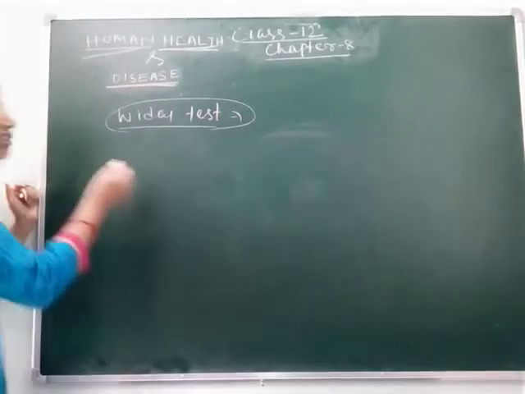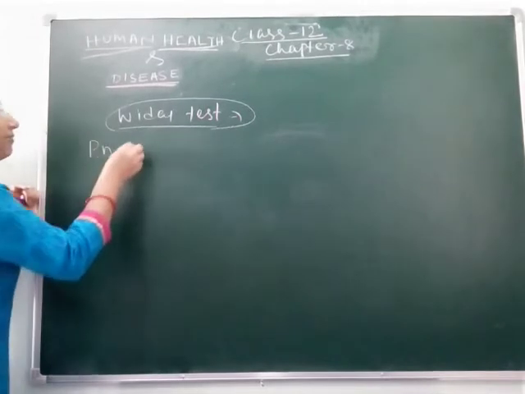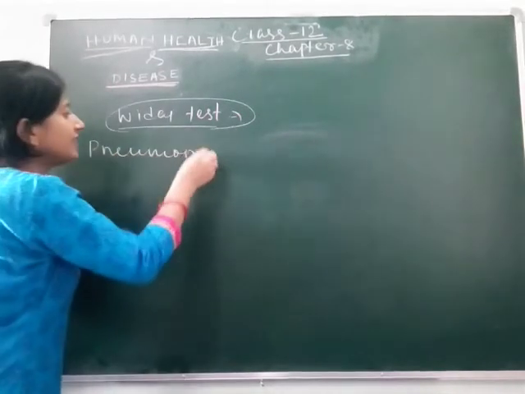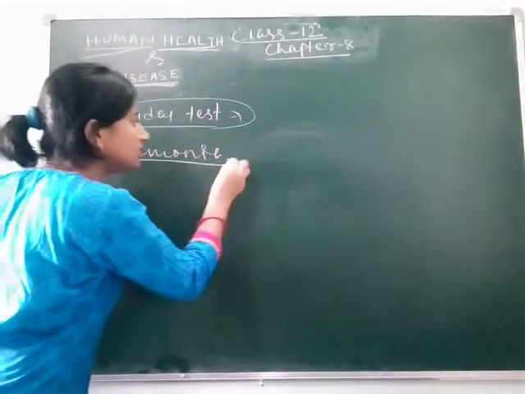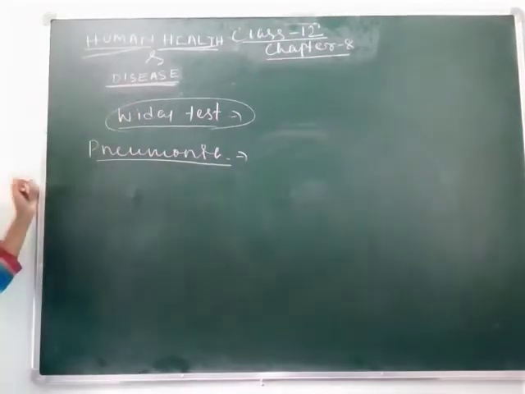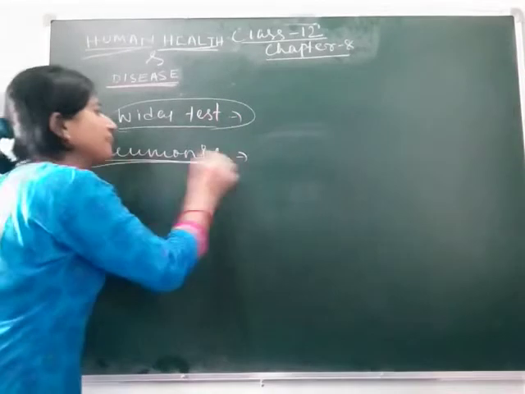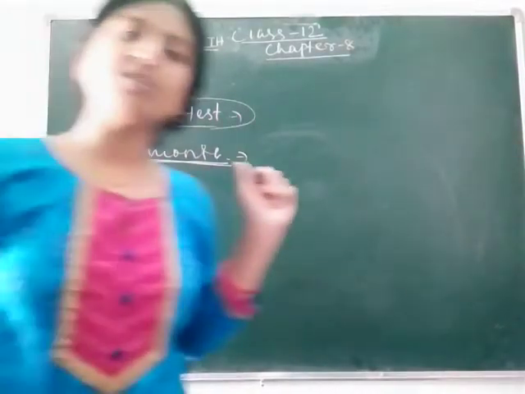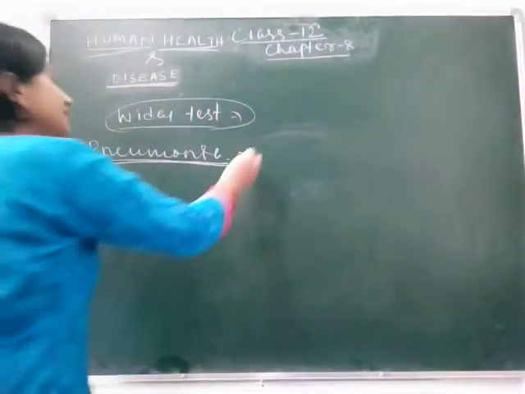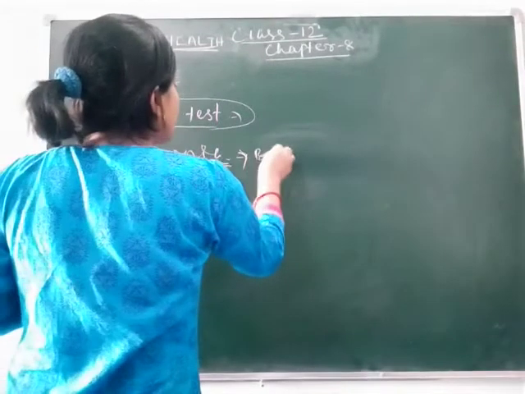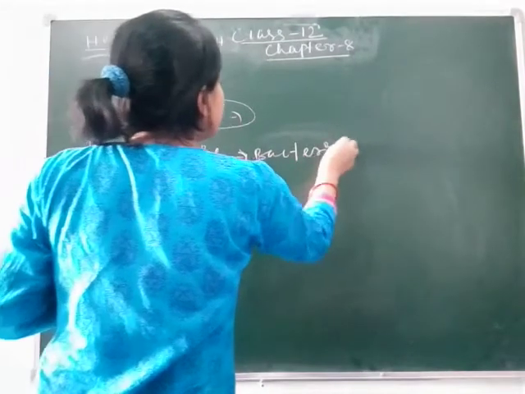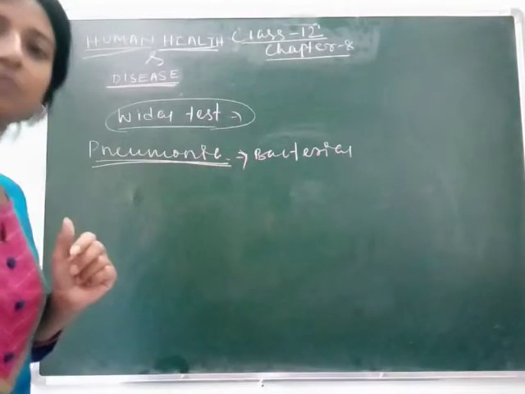Today the next topic is pneumonia. Pneumonia, as I have told you, in biology the word starts with P, pronounced as ni, so it's called pneumonia. Let's know its causative organism. Its causative organism is bacteria. As we are studying bacterial diseases, its causative organism is bacteria.